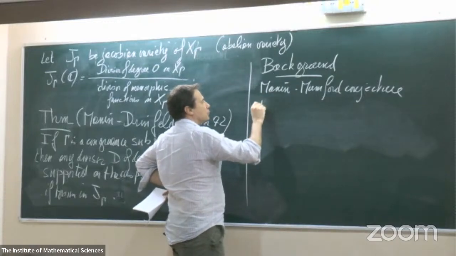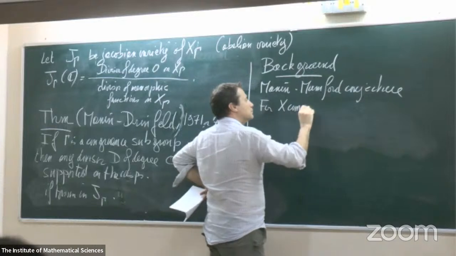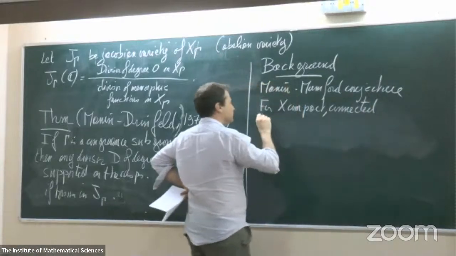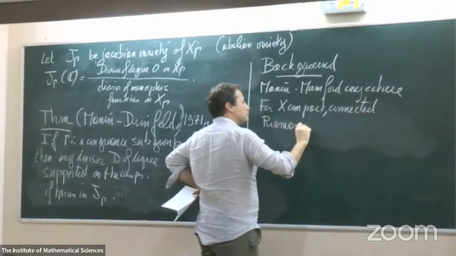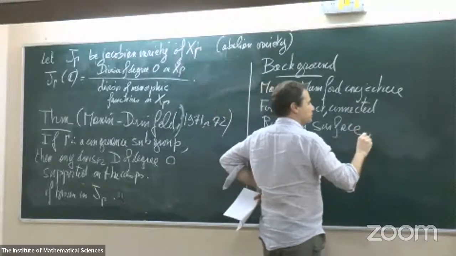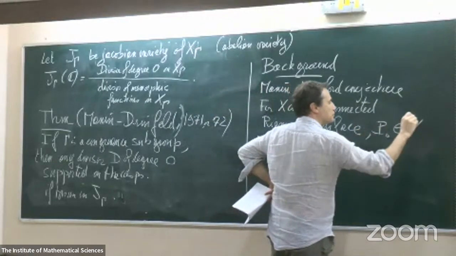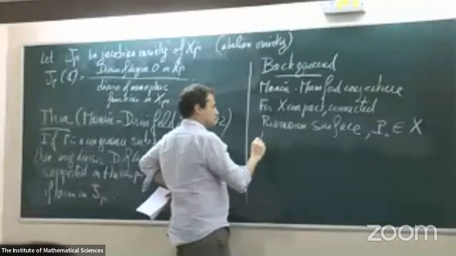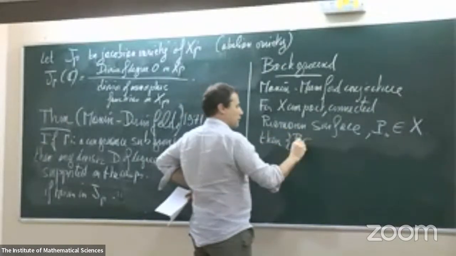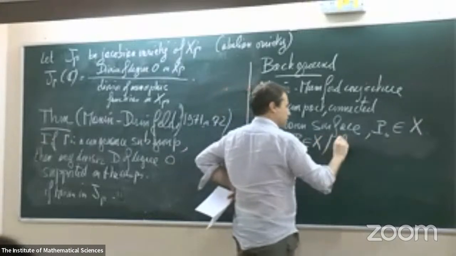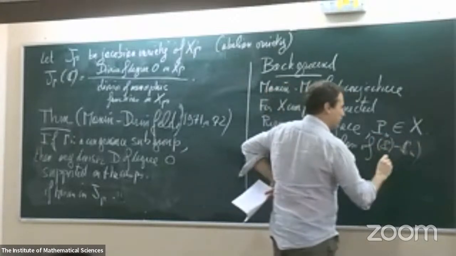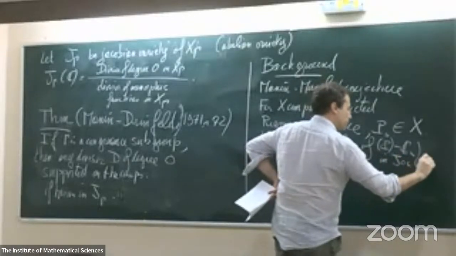So if you take a Riemann surface X, and you take a point P0, then the conjecture concerns the points P on X such that the class of P minus P0 in the Jacobian is finite.